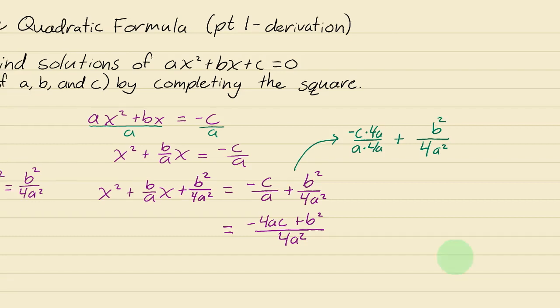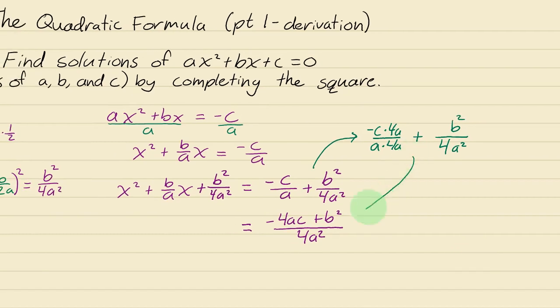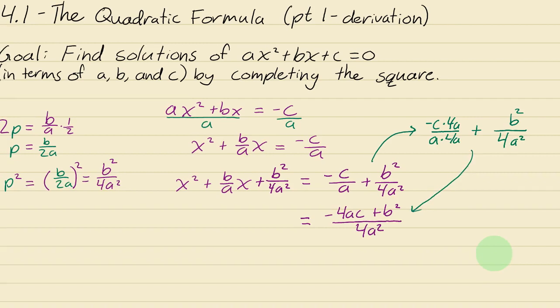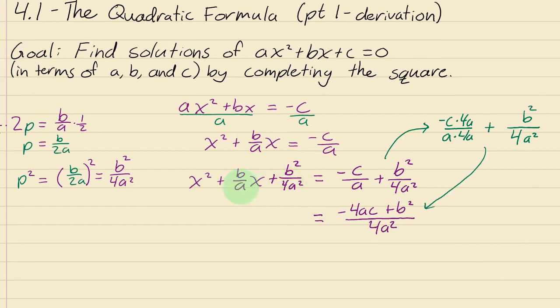And so now here, because we completed the square properly, we should be able to write this as x plus the p quantity squared, but the p is b over 2a. So this should be b over 2a.